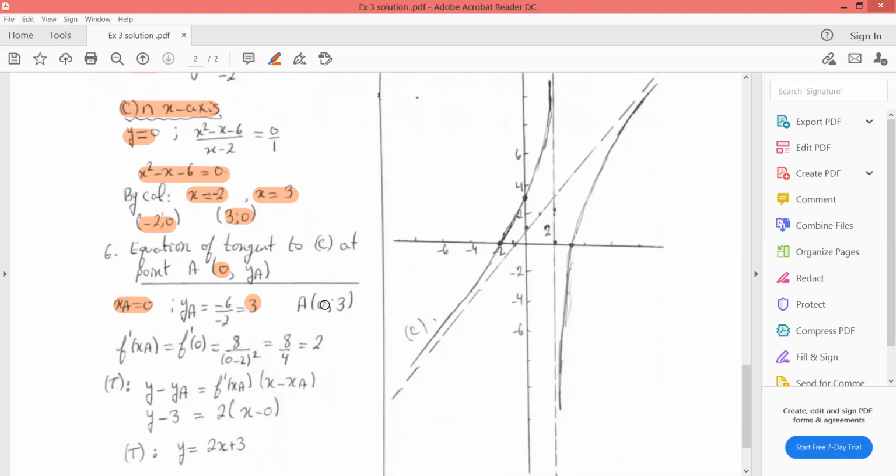Then I have to determine the slope of the tangent. The slope of the tangent is determined by replacing the value of x in the derivative. We take y from f(x). Now the slope, we replace the value of x in the derivative.